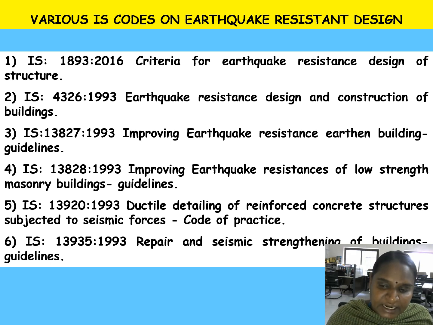The detailing code will be SP 34, that is for normal detailing. When you are going for seismic design, the earthquake resistant design code is IS 1893 and the detailing code is IS 13920:1993. And for repair and seismic strengthening, we have to follow the code IS 13935:1993.